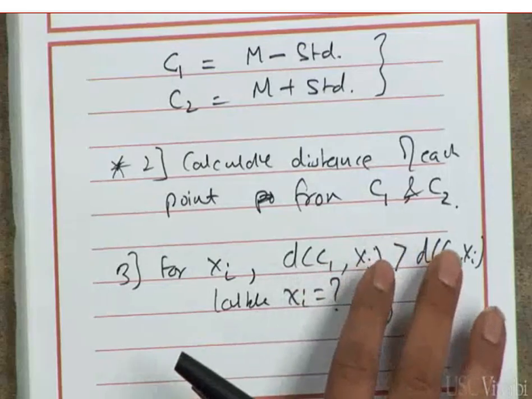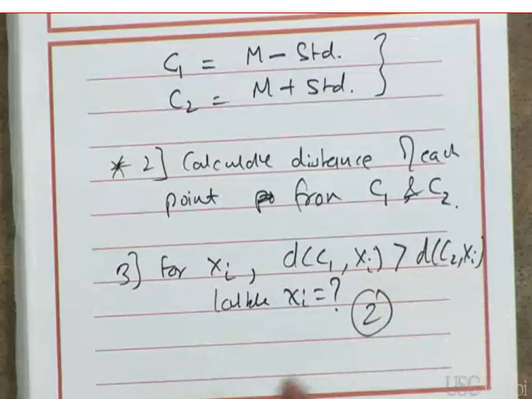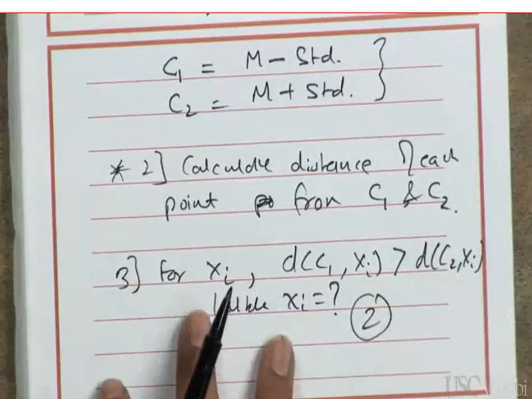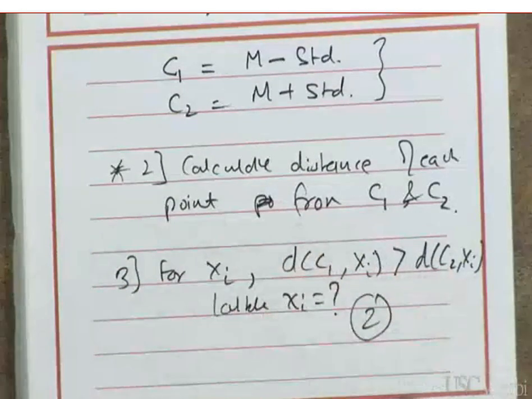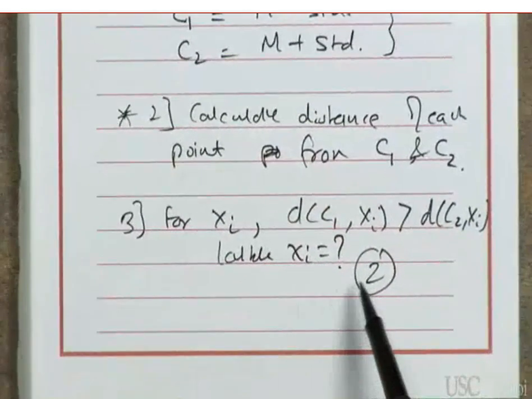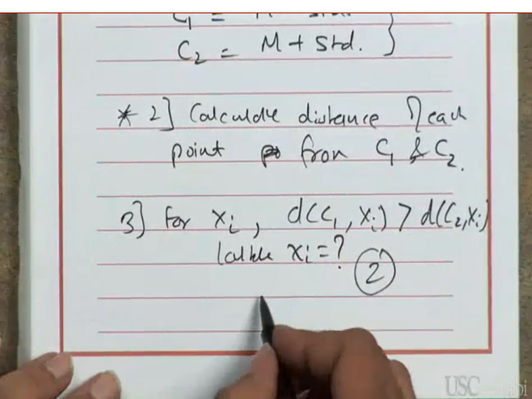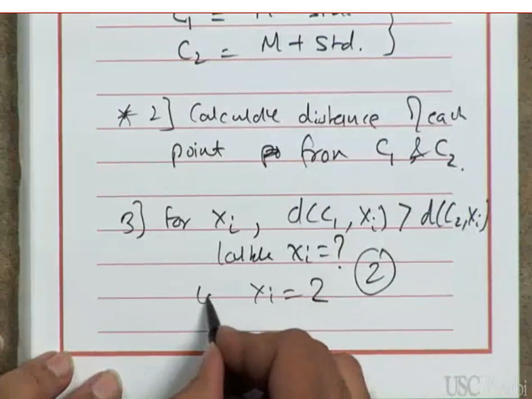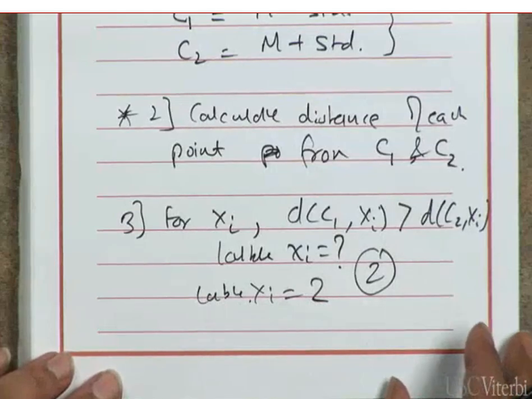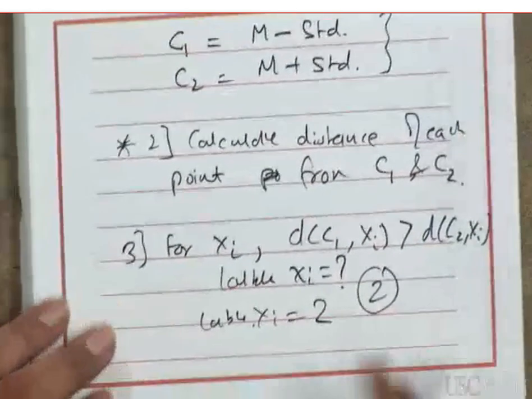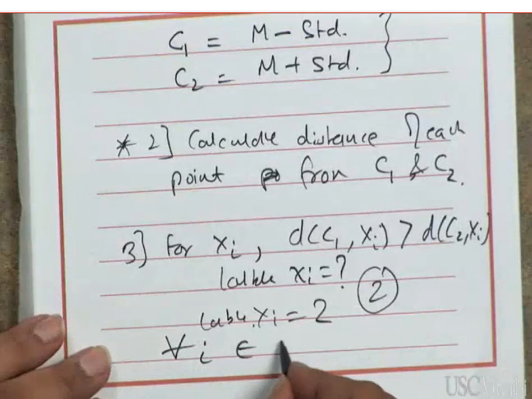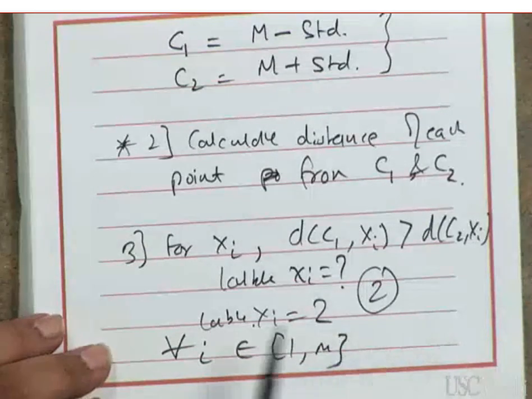So for that, k will be equal to 6 and so on, right? So this example is just when k is equal to 2. So now you have this distance and you assign the label of xi equal to 2, right? So you do this for all i, that is all the data points between 1 to m. You have m data points, right?